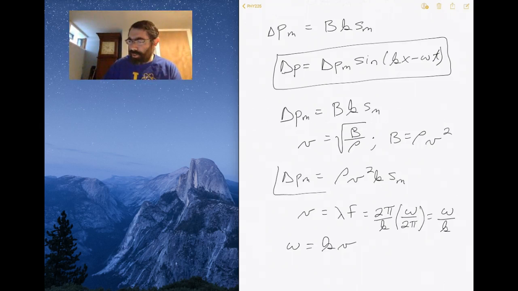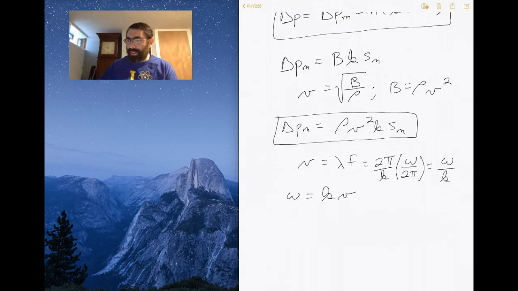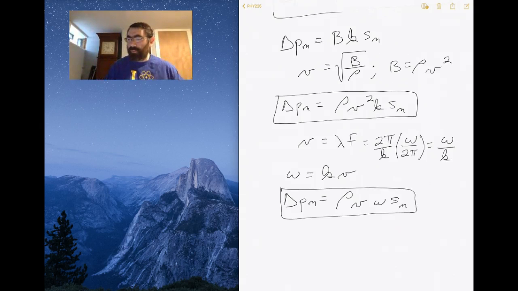And if you look at the equation I wrote above, the wave speed times k is omega. I don't know if it really makes much of a difference, but you could also figure out that the maximum change in pressure in our sound wave here, we could write as the density, the velocity, the frequency, and the maximum amplitude. So you can write it in those quantities too.